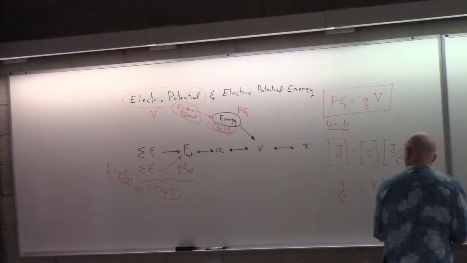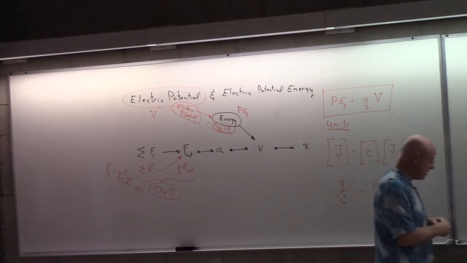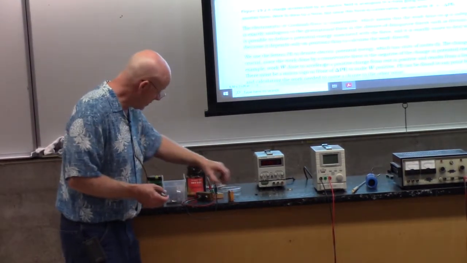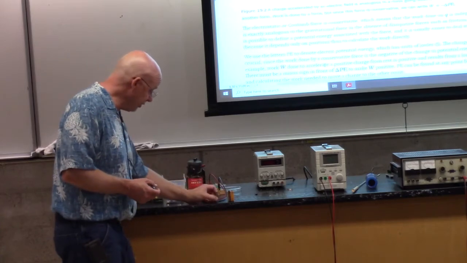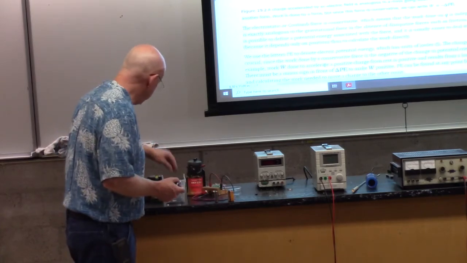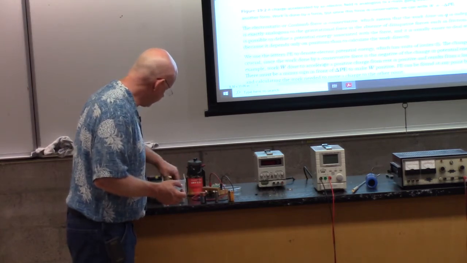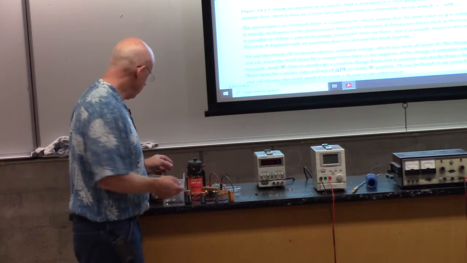Let me come over here to my demonstration table for a second, because this is a good place to maybe pull out some batteries that you've probably been familiar with. For example, maybe you recognize this battery. This is a battery. I guess I'll ask you if you know what the voltage is. Here's a AA battery. Here's a C cell battery. Here's a D cell battery.